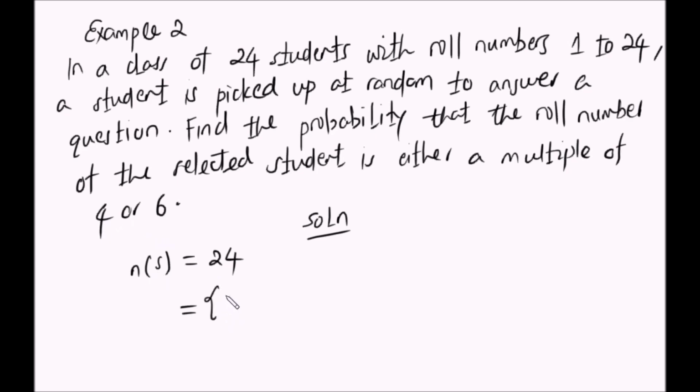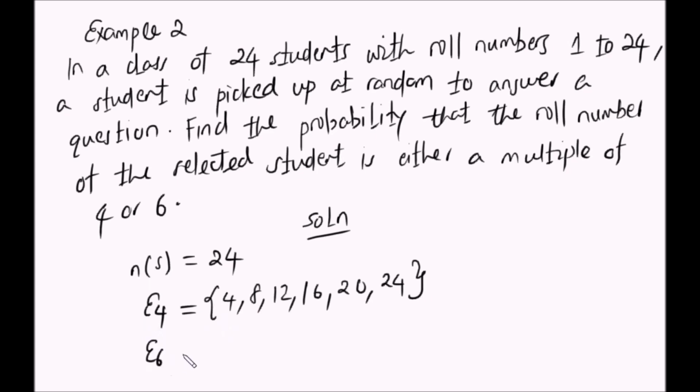Ni akina nani hao? Ni yule mwenye roll number ya 4, yule mwenye roll number ya 8, ya 12, ya 16, ya 20 na yule mwenye roll number ya 24. So hawa roll number zao ni multiple of 4.